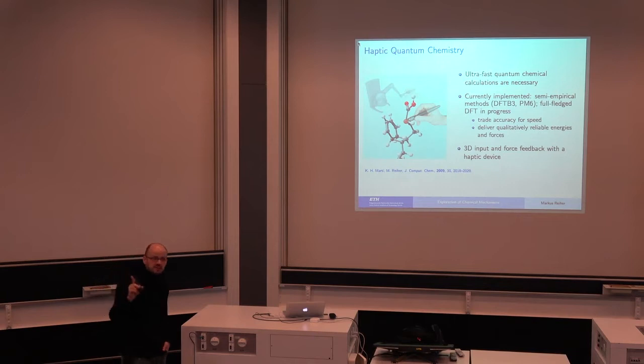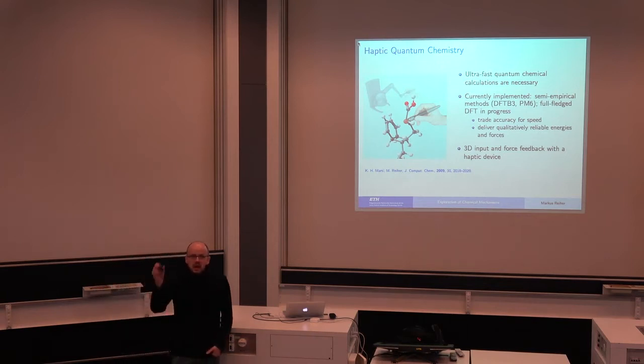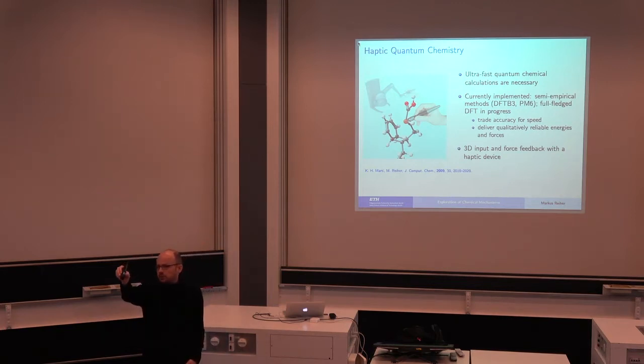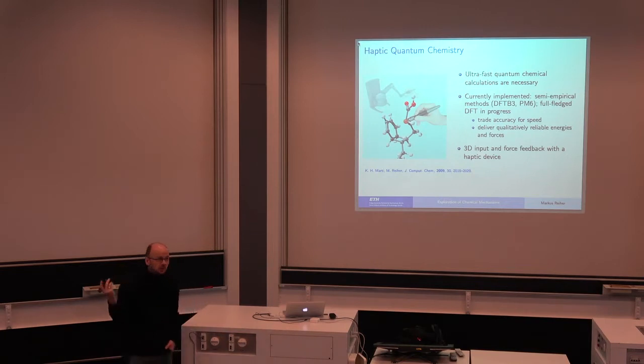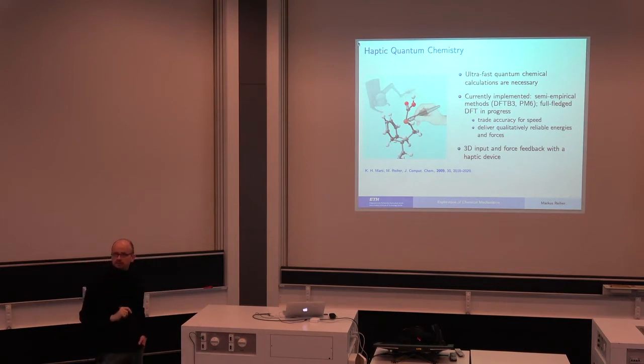So the force here is a descriptor to understand what kind of path I'm taking to explore a Born-Oppenheimer potential energy surface. So imagine that you're looking for transition states. That means you somehow need to walk uphill to figure out where the saddle point is, the transition barrier. And the force will allow you to do that.